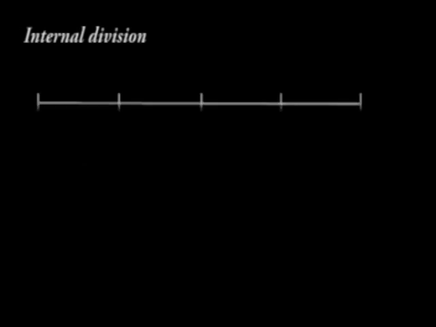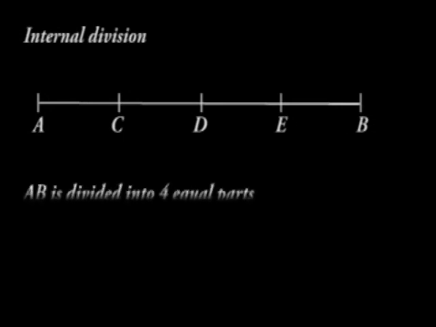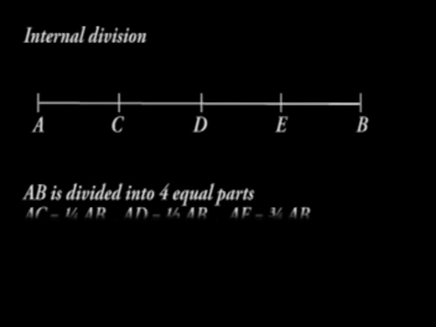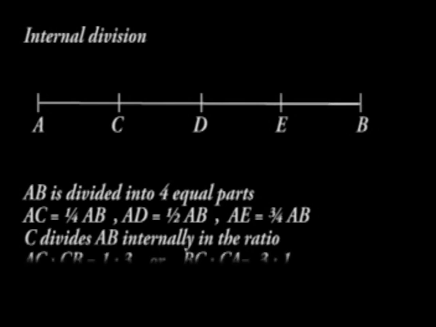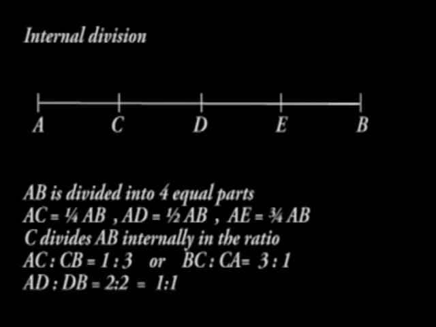Proportional division of lines. Internal division. Consider the line below. Line AB is divided into 4 equal parts. AC is a quarter of AB, AD is a half of AB, AE is 3/4 of AB. In ratio form, C divides AB internally in the ratio AC to CB equals 1 to 3, or BC to CA is equal to 3 to 1.